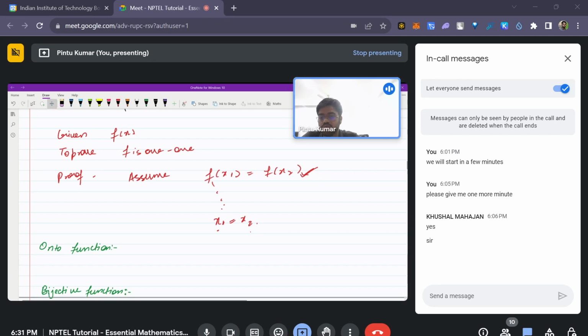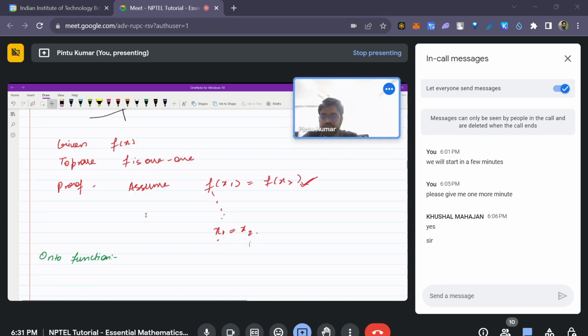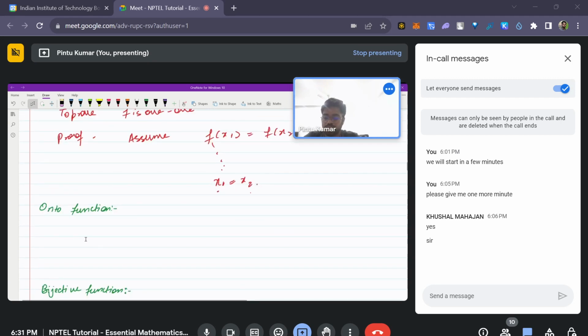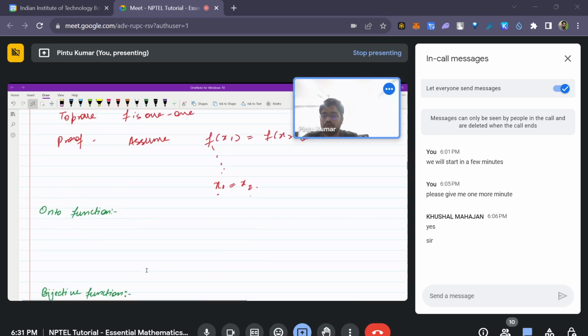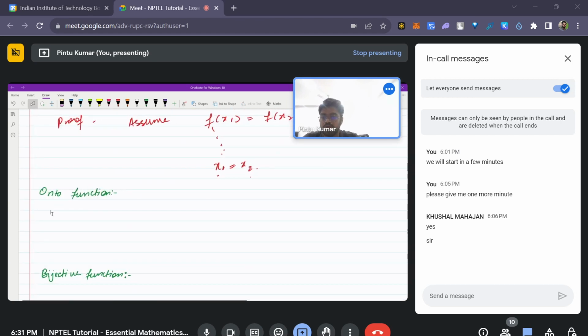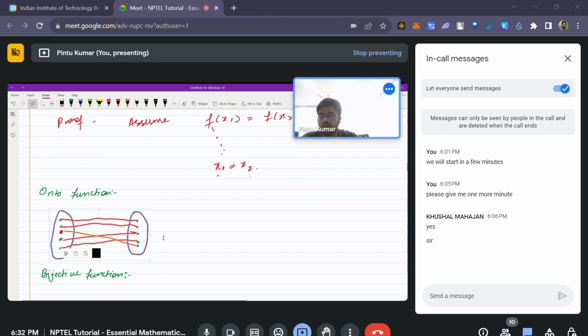Now let's go on to onto functions. Let me copy this diagram. Okay, and let me erase the later line that I drew. So let's say this point is still mapped to this point.